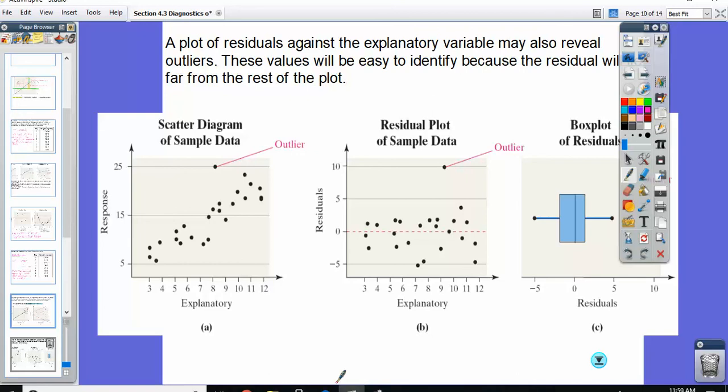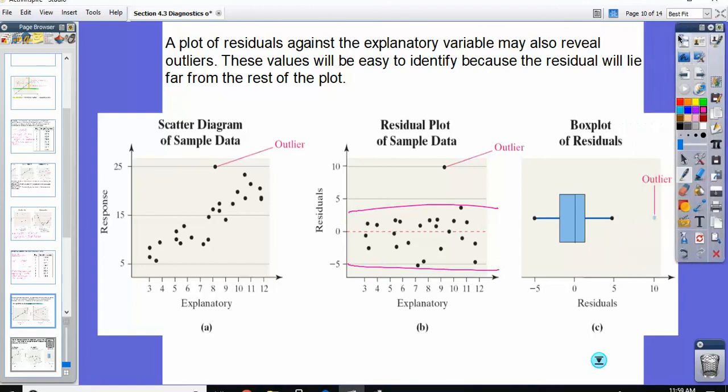If you plot your residuals, the outliers become even more obvious because you've got all your points spread right here around 0, and then I have one point out of that bar, out by itself. We have also talked about, if I give you a box plot, we know what an outlier looks like there. It's outside the whiskers. So we can look at the outliers on a residual as well.